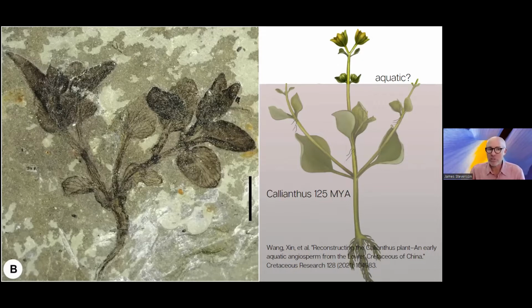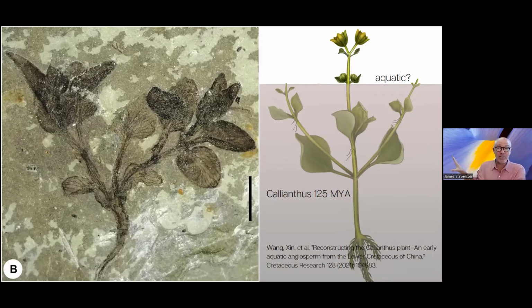It was so well preserved that individual structures could be very clearly identified based on modern species. The assumption was made that this plant, which could represent close to the very first flower, was aquatic. So it's very likely that flowers began their life attached to aquatic plants.